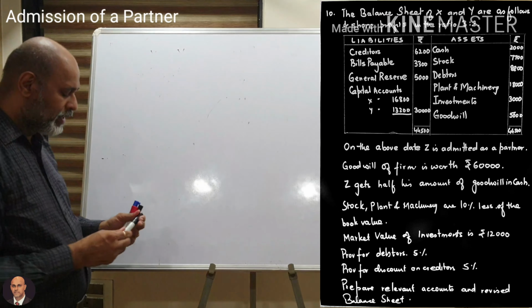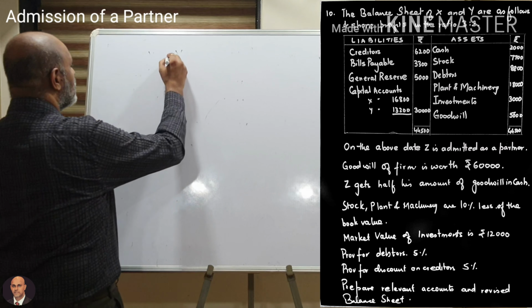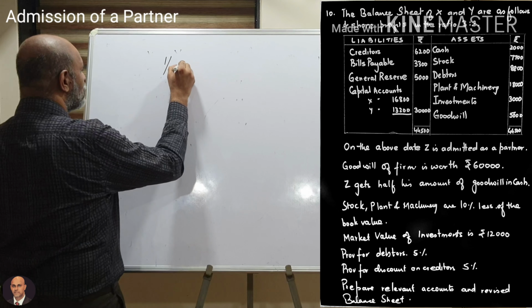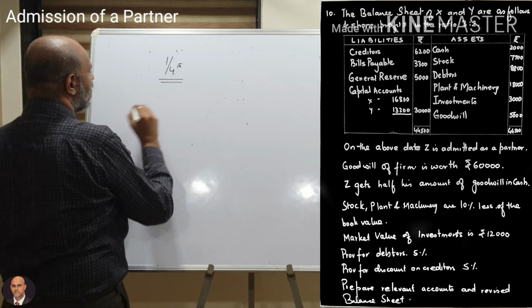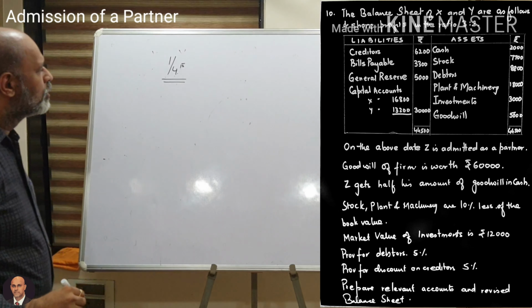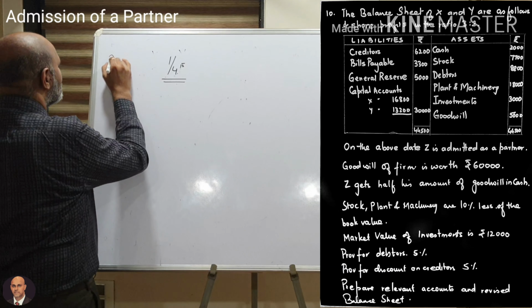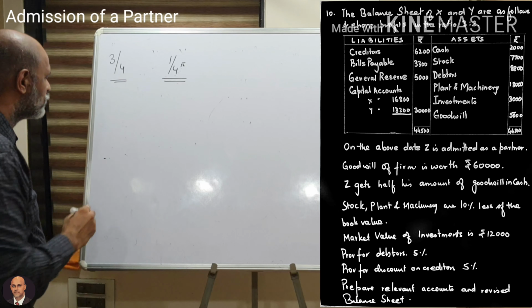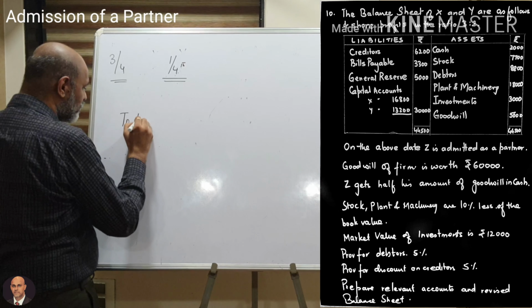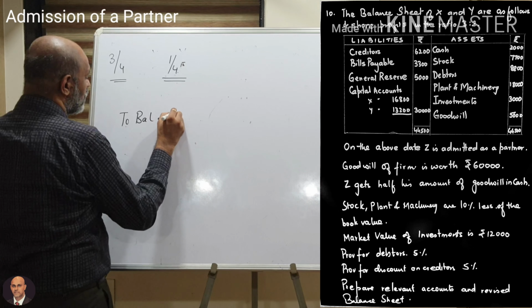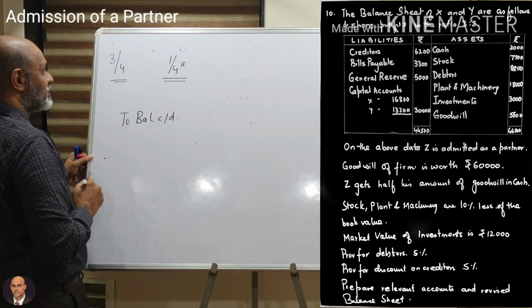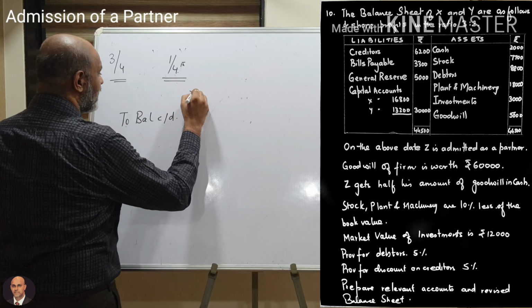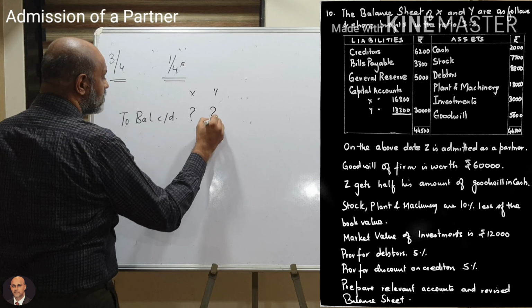Or we can simply take that he is going to get 1/4 of the share. If it's not given in the sum, take 1/4 of the share. If he is getting 1/4 of the share, you have to calculate that the other two partners' capital balance is 3/4. So at the end of the sum, the partner's capital account, say this is X and Y, whatever are their balances, you add both of them, and this corresponds to 3/4.